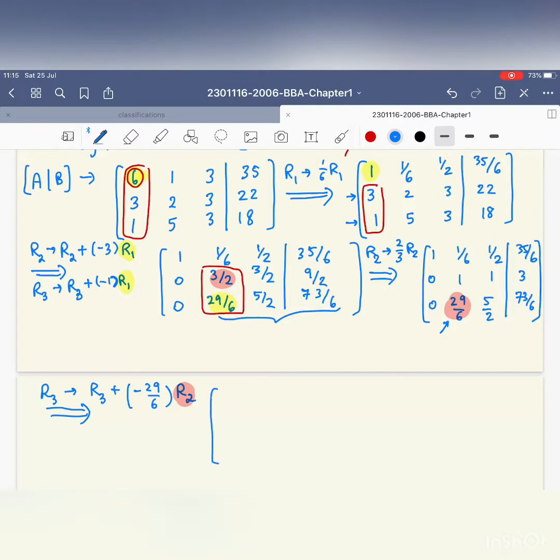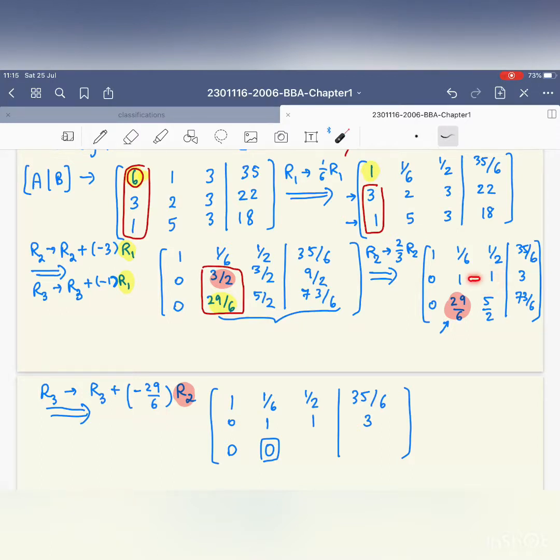All right, so your first column is done. Your first row is unchanged, so you just write it down. Your second row, of course, is unchanged, but your third row, this one must be 0 if you did it right.